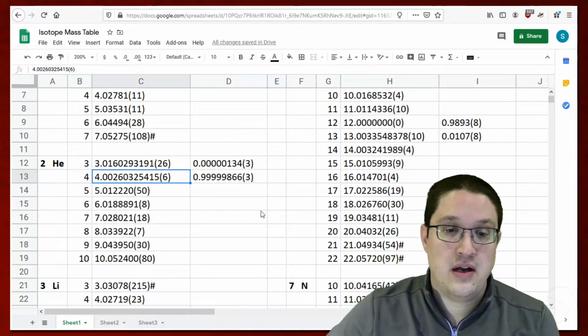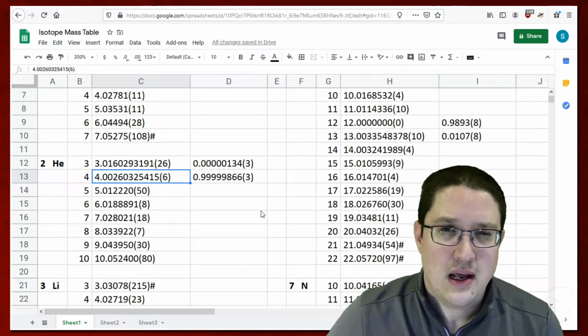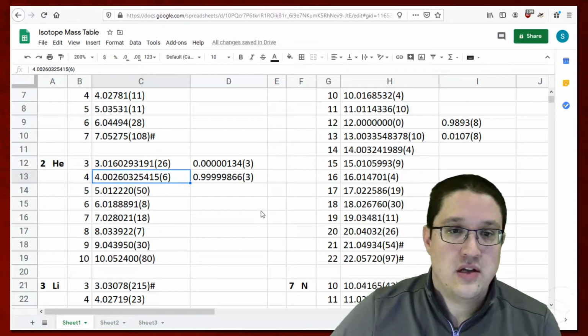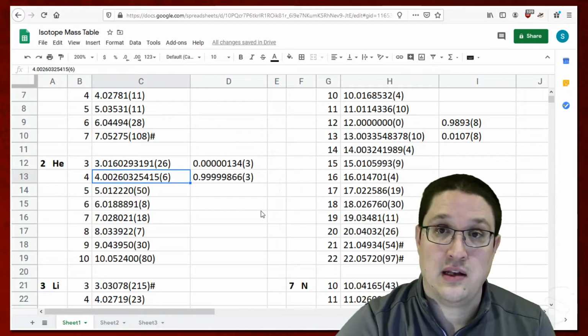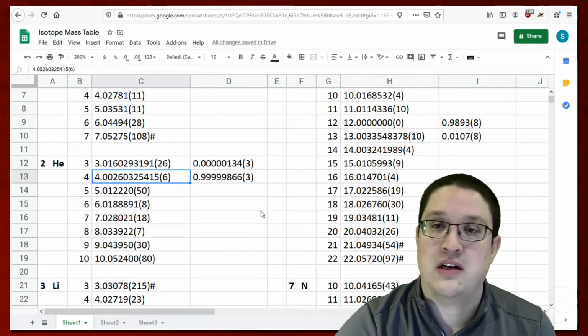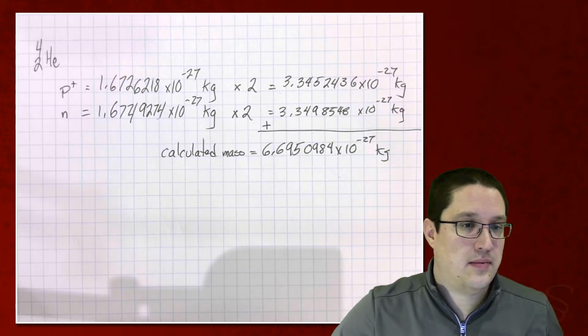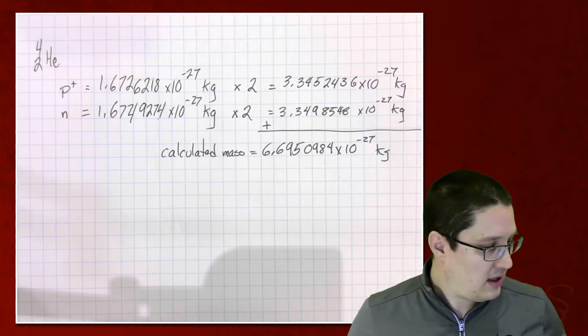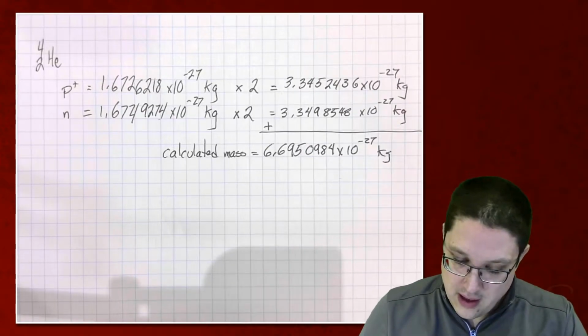This here is the mass in atomic mass units, which is not super useful for us. So I'm going to go back and find the mass of this in kilograms. We'll get to the atomic mass units a little bit later. So if I look at the mass here, I'm going to look up the mass of helium-4.